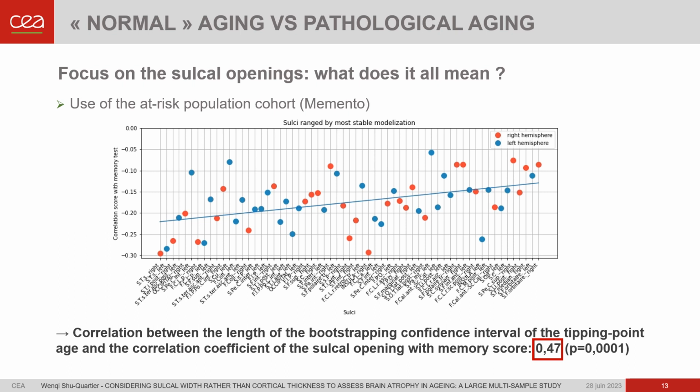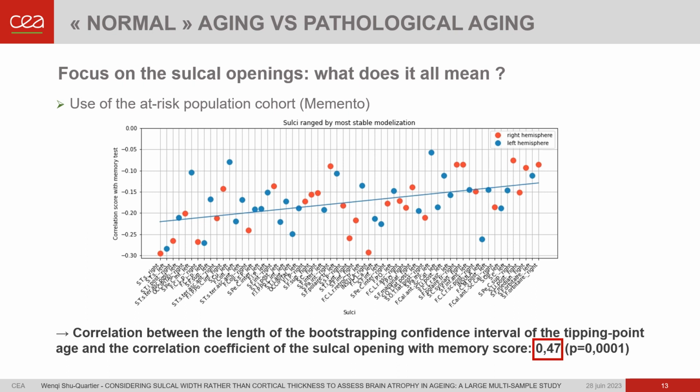To investigate the process behind these atrophy accelerations, now let's focus on our second cohort, Memento, which consists of subjects at risk of dementia. We started by correlating the sulcal width of each sulcus with a free recall memory test, and we obtained this graph.